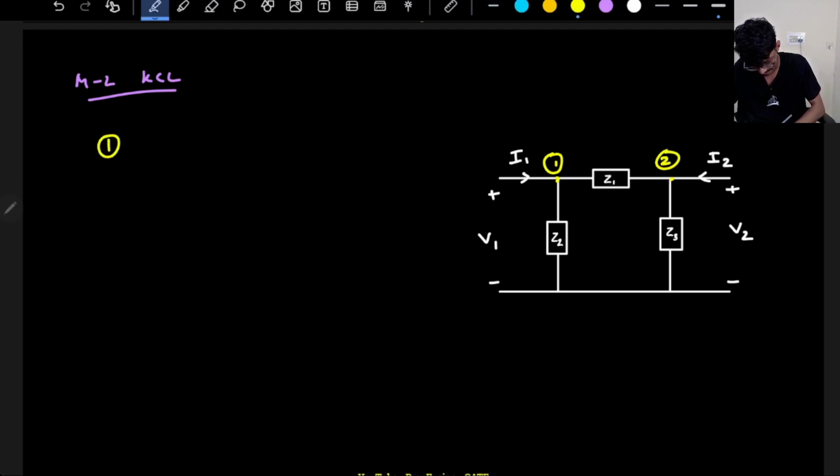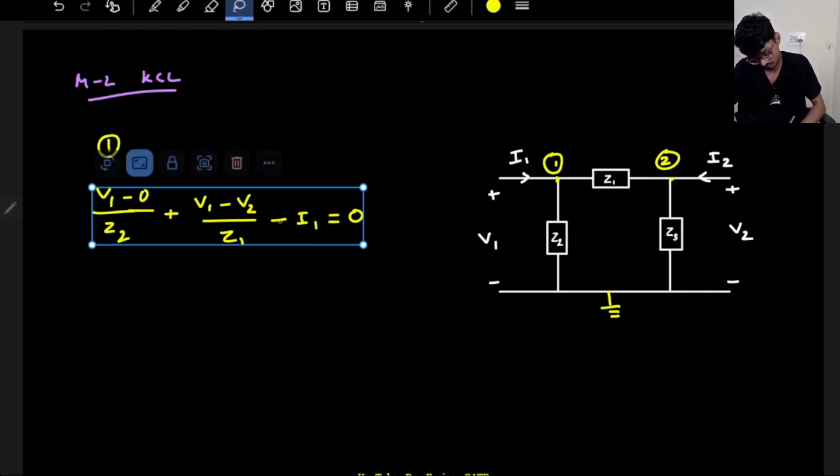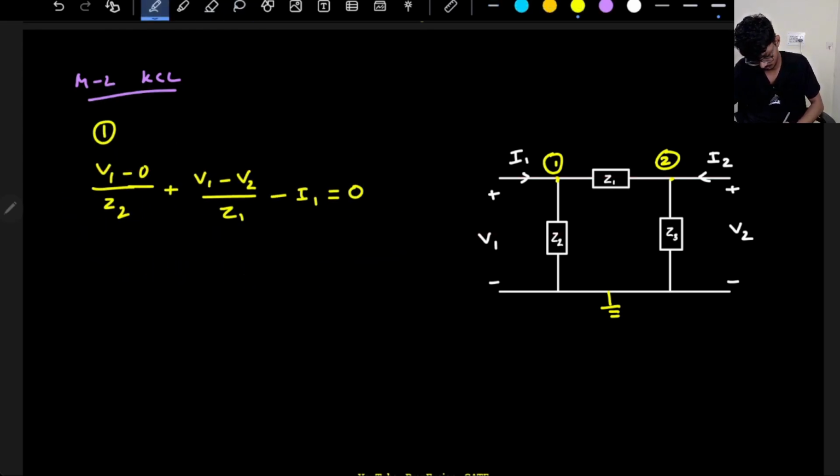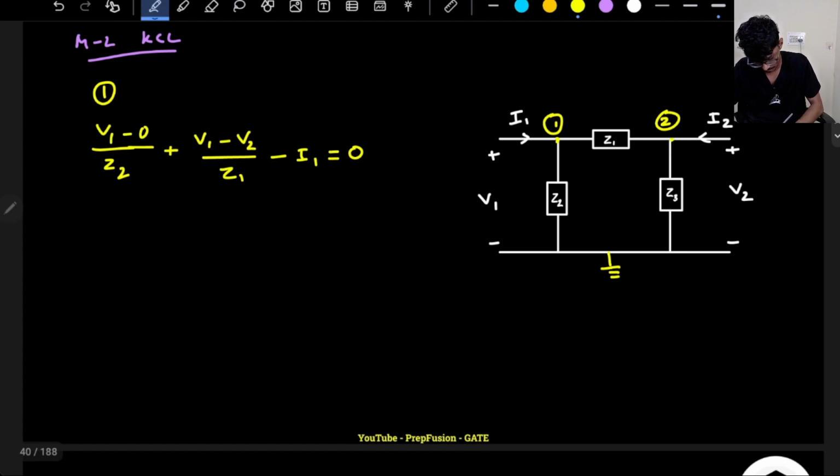For node 1, it is V1 minus 0 divided by Z2, where 0 is the reference point, the ground, plus V1 minus V2 divided by Z1, minus I1 equals 0.